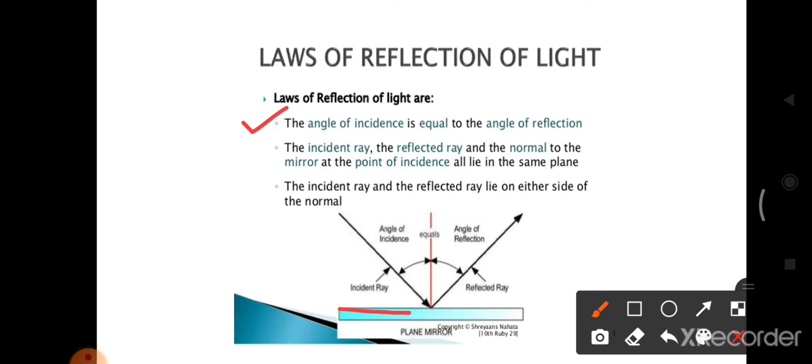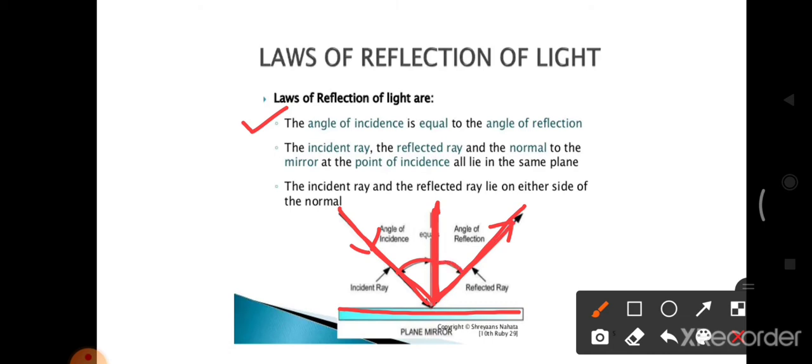See, this is a plane mirror. Incident ray, a normal line, a reflected ray. The angle between the incident ray and the normal line is called the angle of incidence. The angle between the normal line and the reflected ray is called the angle of reflection.